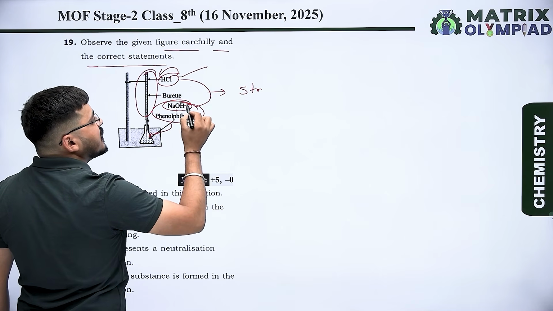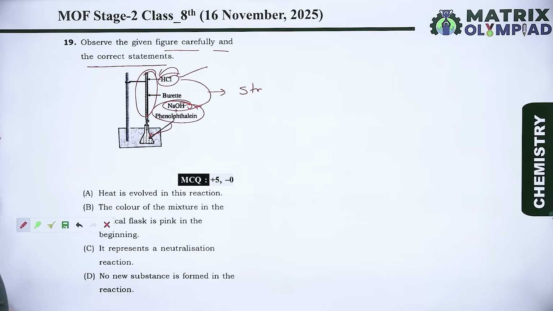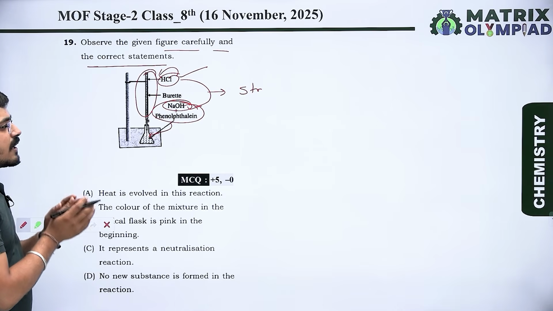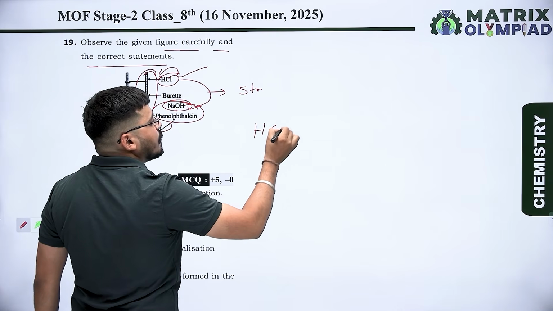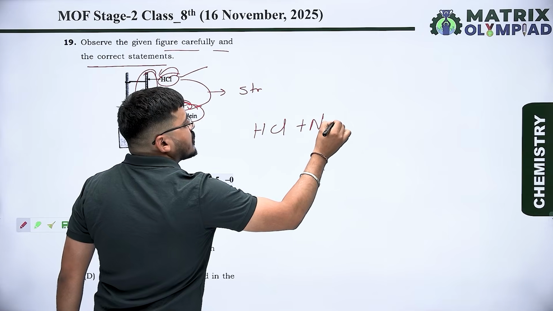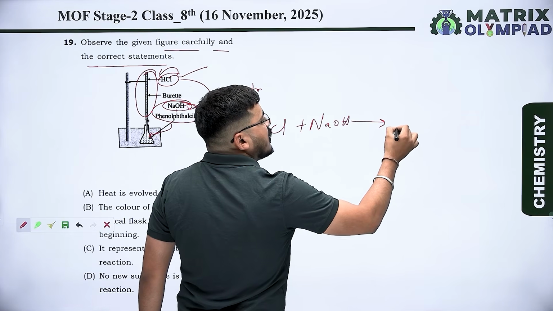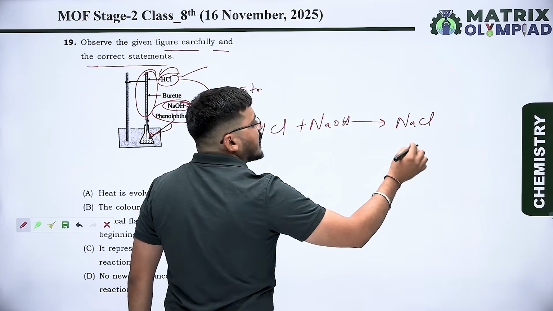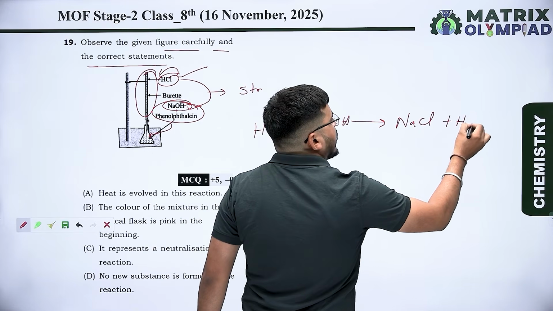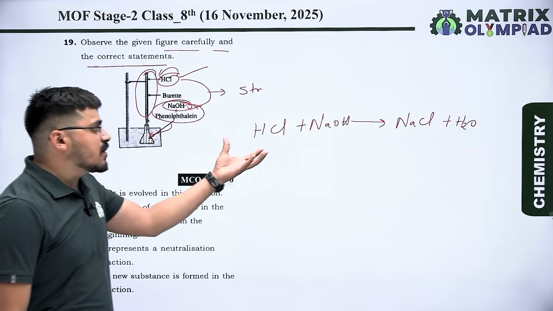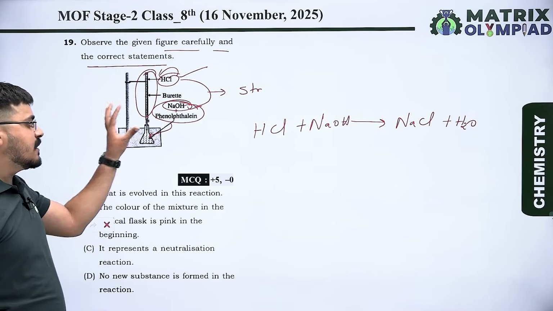This is a strong acid and this is a strong base. When these two substances, HCl and NaOH, react together, they will form salt and water, meaning NaCl and H2O. So this reaction is happening in this activity, in this diagram.